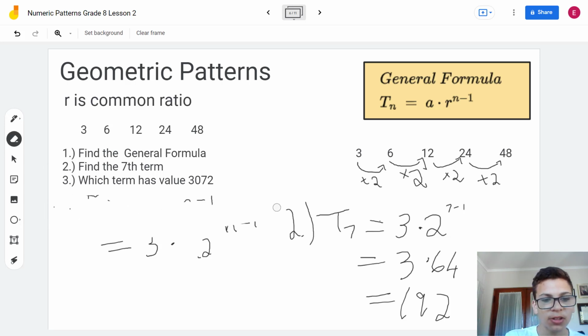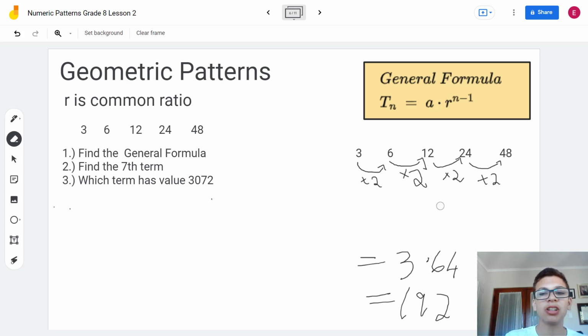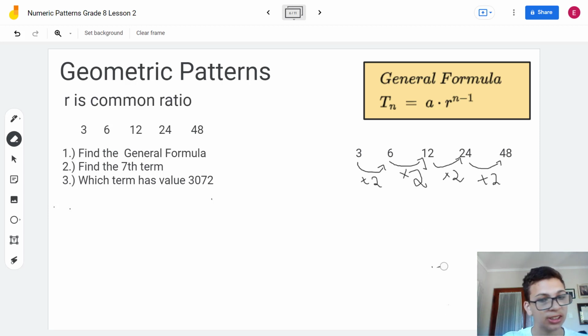Now the third question. Which term has a value of 3072? Now, this again is something that we're going to work backwards. They are giving us that the value of the term is 3072, which is Tn. So Tn equals 3072. Which again means that we write down our general formula.